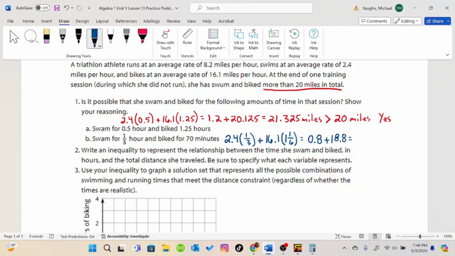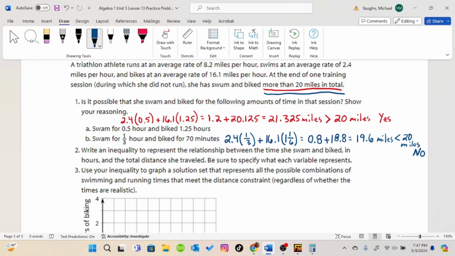And this makes a total of 19.6 miles, which is less than 20 miles. So the answer on this one would be no, because it doesn't meet the standard of more than 20 miles in total.